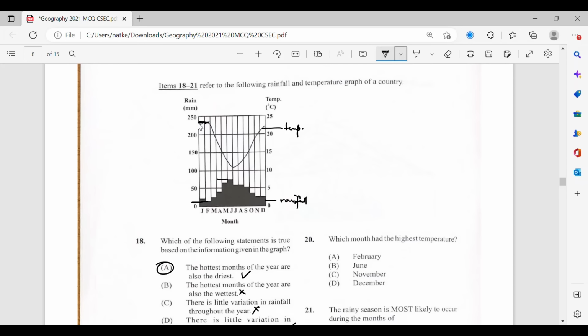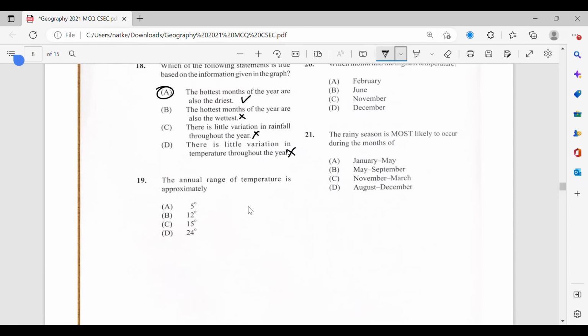It's about here, so that would give us, say, about 24 degrees, and then the lowest point would have been here, so it looks about 11. So 24 minus 11 would have given us 13. Closest we have to that, since it's an estimation, is 12. So our answer for number 19 is letter B.